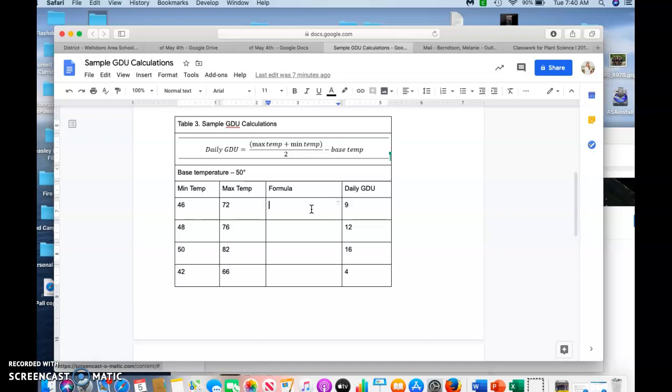I meant to delete out the daily growing degree units so that we could type those in, but we'll check our work and make sure it is working okay in this sample problem. So in this first one, 72 plus 46 divided by 2.